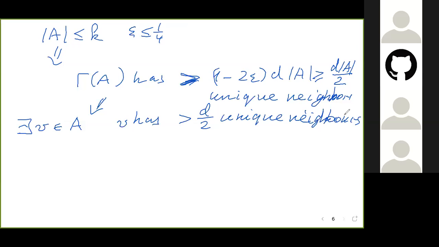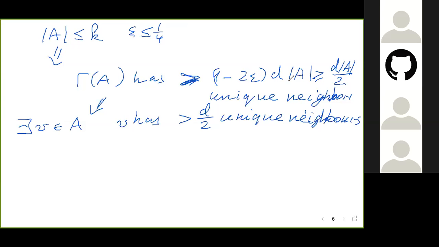So at least one term in that sum should be larger than D over 2. Otherwise, the sum couldn't be larger than D over 2 times the number of terms. So this is sort of obvious.